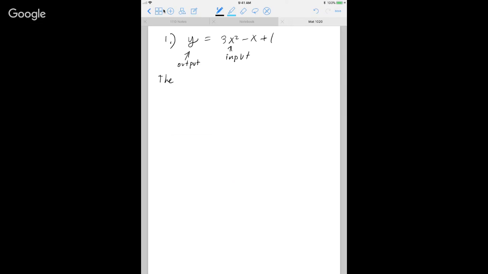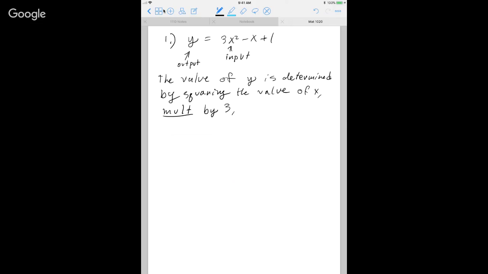I would say the value of y is determined by squaring the value of x, multiplying the four-letter word, guys, by 3, subtracting x, and adding 1.